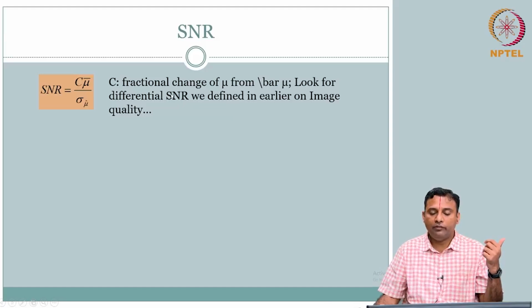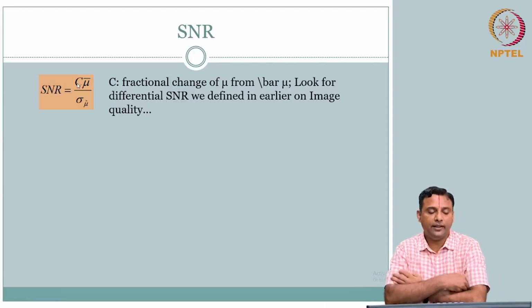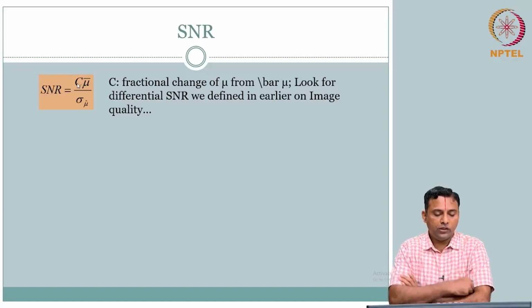We covered this differential SNR when we talked about the introduction to image quality, so go look at that portion if you want to know what we have done here. So this is your differential signal to noise ratio, because we want to talk about this contrast. That's interesting. Okay, so that is your SNR.